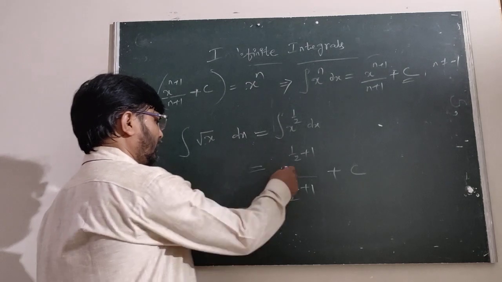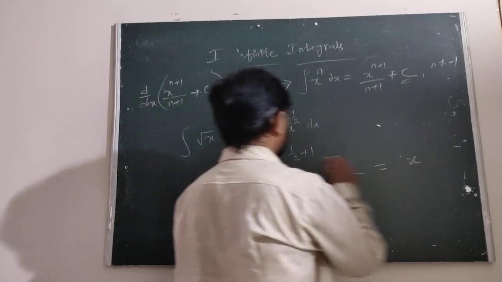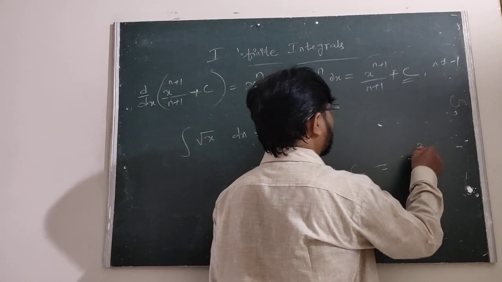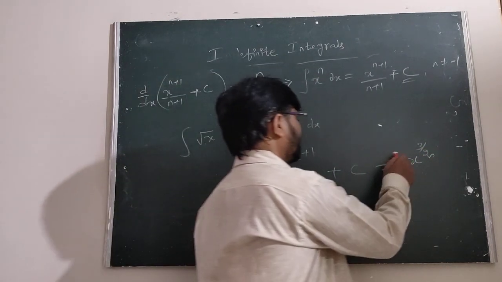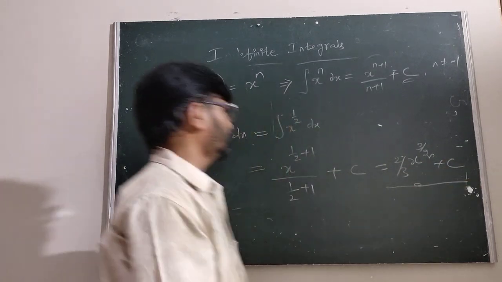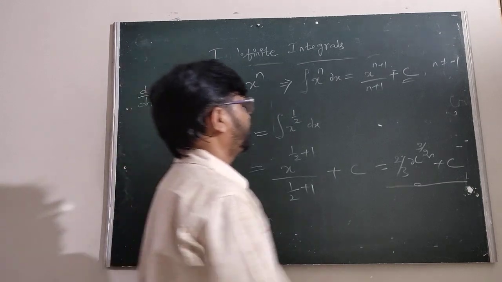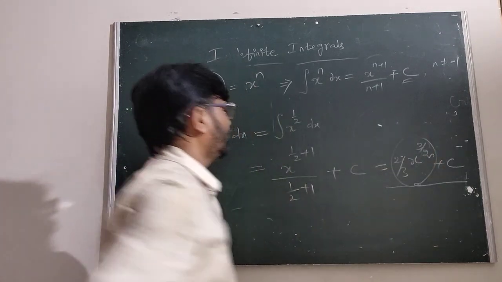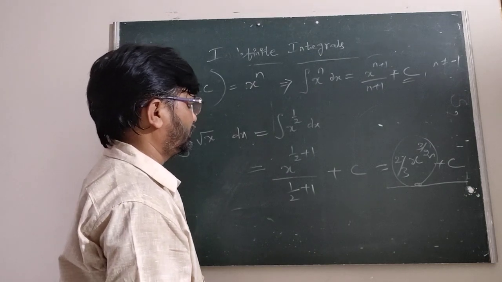Now 1 by 2 plus 1 is 3 by 2, whole by 3 by 2, that is 2 by 3, plus c. This is x power 3 by 2 into 2 by 3. Therefore this is our required solution.